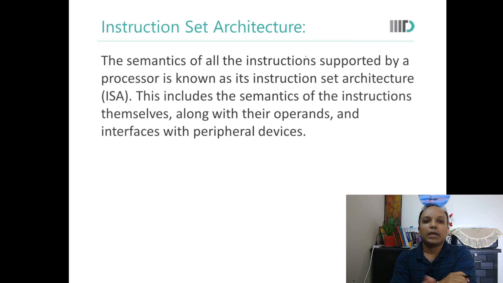So, at a very broad level, it is the semantic of all instructions supported by the processor, and it includes the semantic of the instructions themselves. It will also tell about the operands, and also it tells about the interfaces with peripheral devices.